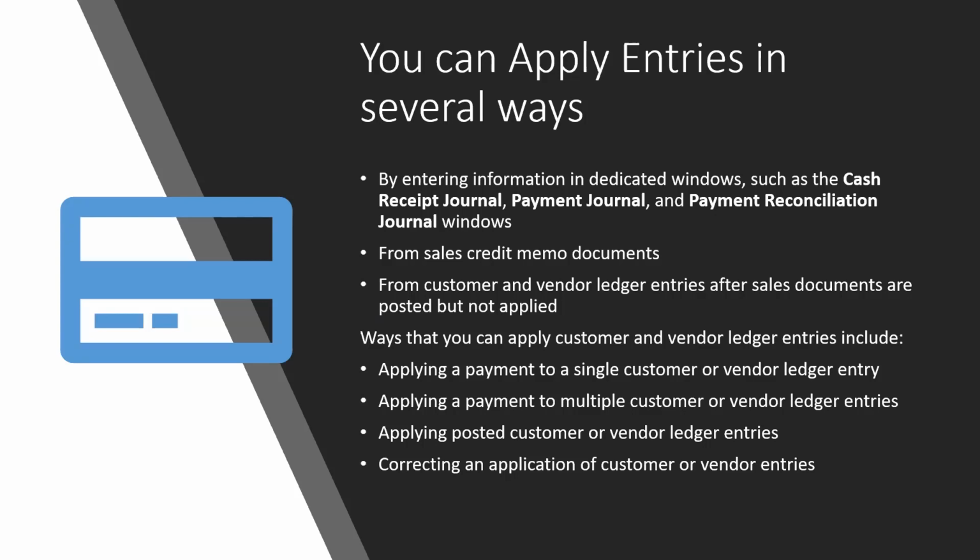So that's one way of doing this payment information, but you can still work with sales credit memo documents to balance some invoices, whenever they apply, to deduct balances without having to input any other payment. And remember, invoices and credit memos will be balanced in order to get the final figure to be paid to either customers or vendors, right? So from customer and vendor ledger entries after sales documents are posted but not applied.